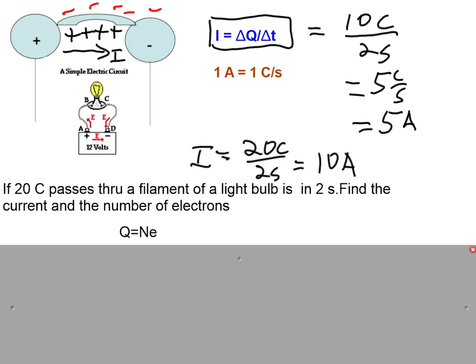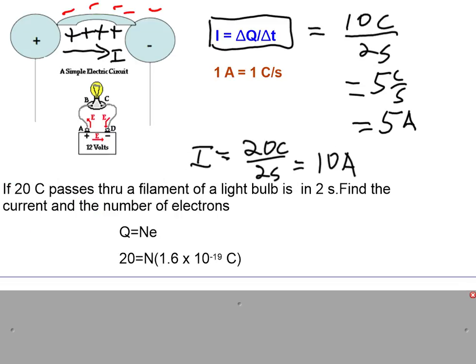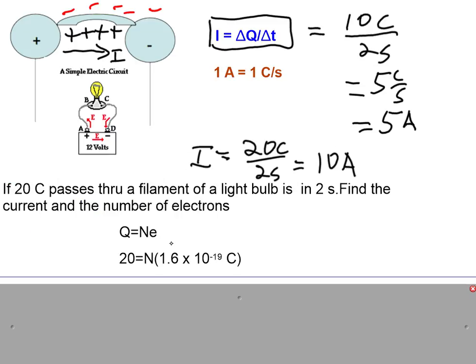Another part of this: find the number of electrons. So each coulomb represents a certain number of electrons. The charge of 1 electron is 1.6 times 10 to the minus 19 coulombs. So for 20 coulombs, N is equal to 20 divided by 1.6 times 10 to the minus 19.